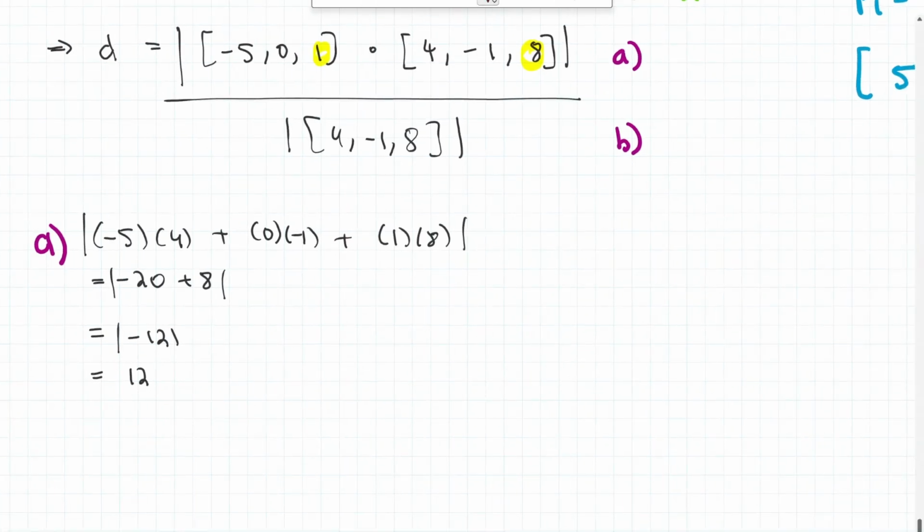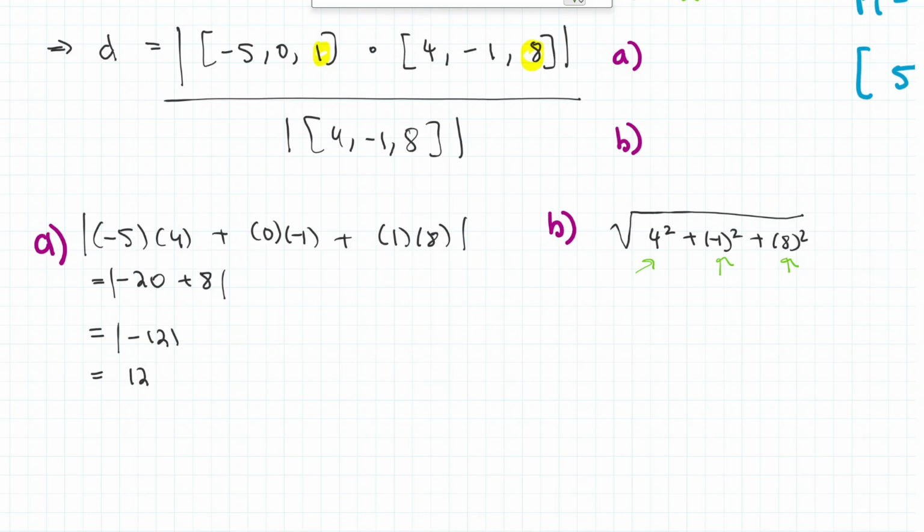Let's solve for our denominator now. Here we want to find the magnitude of a vector. We can use the magnitude formula, taking the square root of each term squared. So we have 4 squared plus -1 squared plus 8 squared. What does this give us?